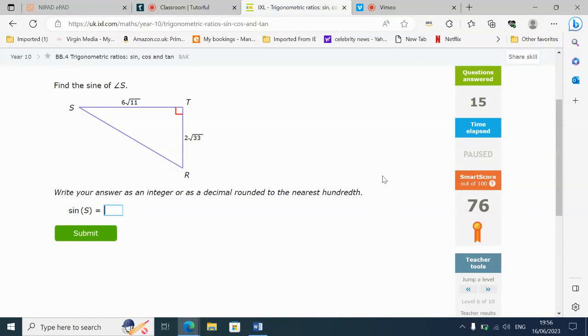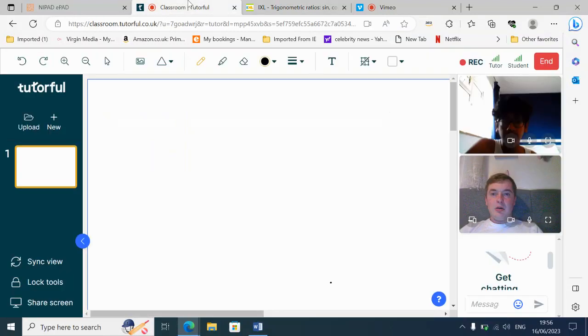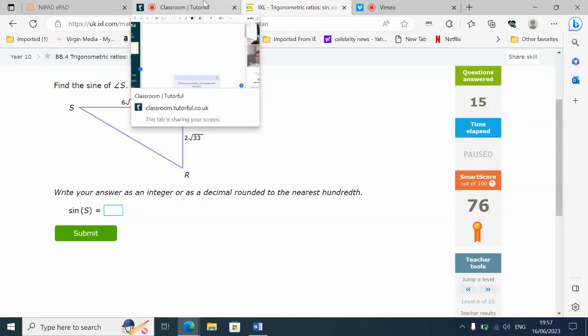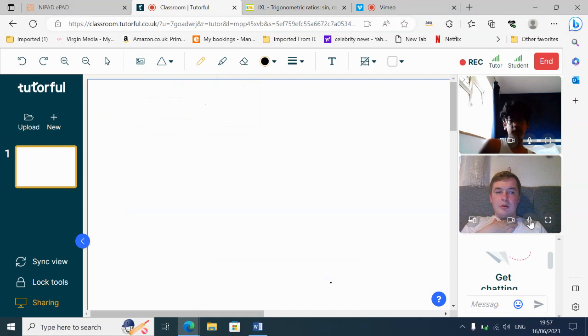Did you divide the number? Oh wait, I can't see the screen. Right, hold on. Should be able to see it now. Hold on, Maddie, let me just mute myself, I have to go downstairs.